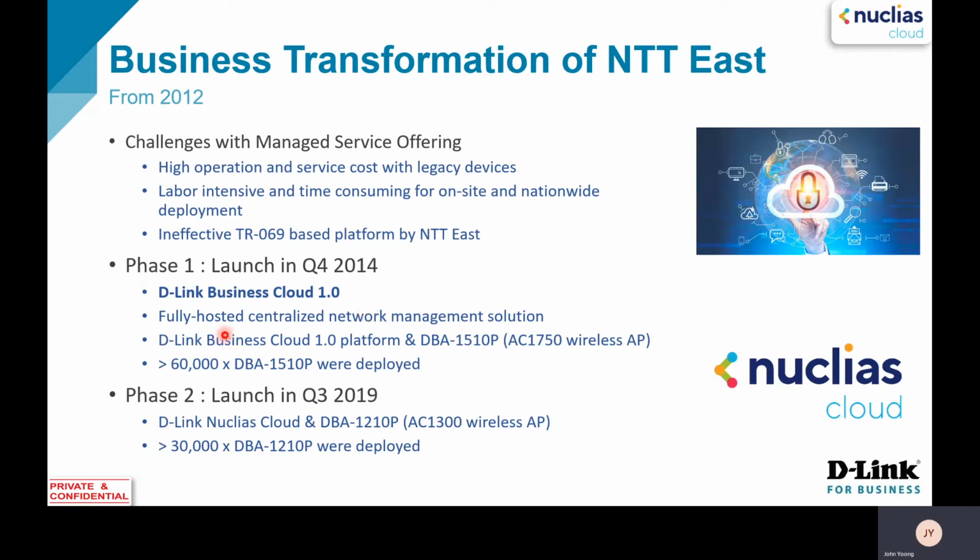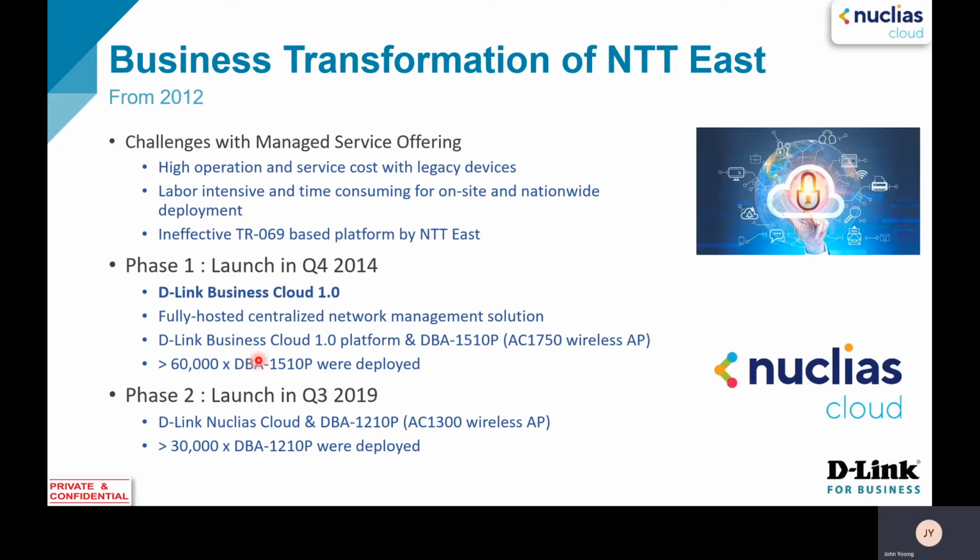It is a fully hosted central network management solution for them to manage all the APs. It's called the DBA-1510P, an AC1750 wireless AP. They deployed more than 60,000 APs. As you can see, the result is very good.